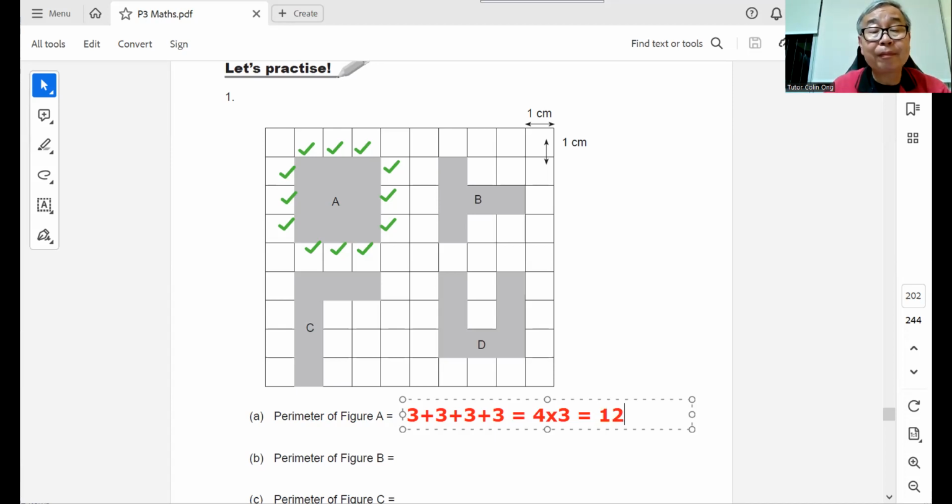Because it's cm, we can use a bracket if you want to.